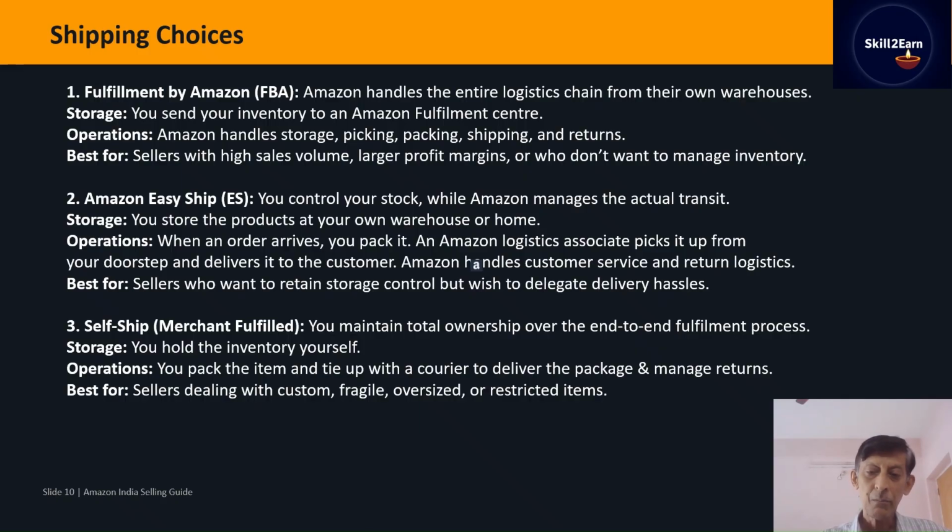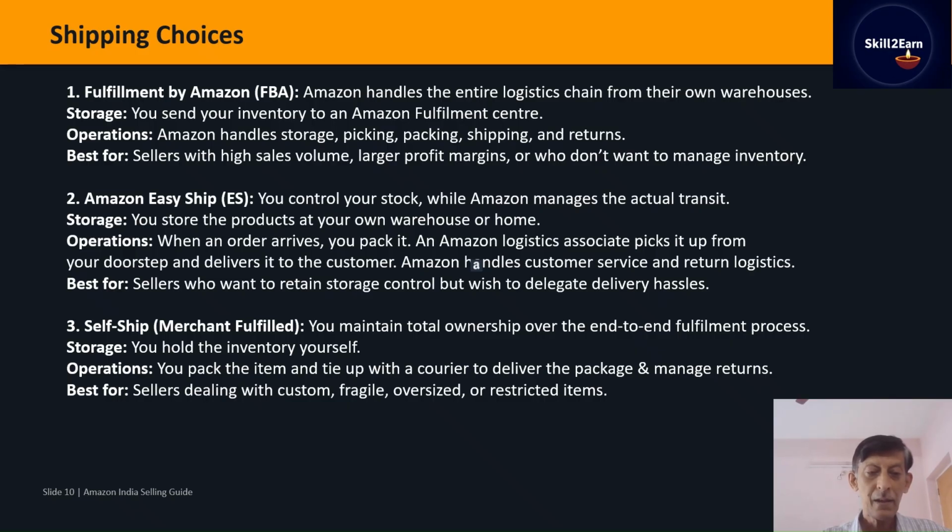From there, the products will be picked up and delivered to the customer. Number two, Amazon Easy Ship, which is ES, where you control your stock. You have your own godown or warehouse, while Amazon manages the actual delivery. So the product storing is with you, delivery and logistics is with Amazon.